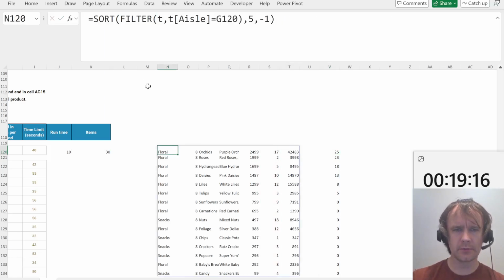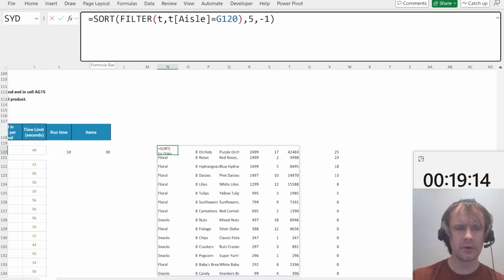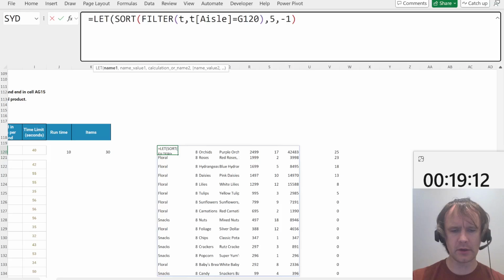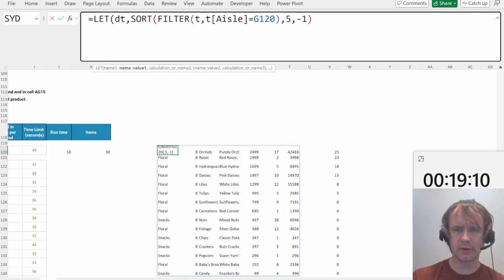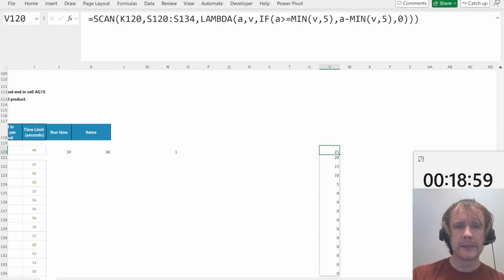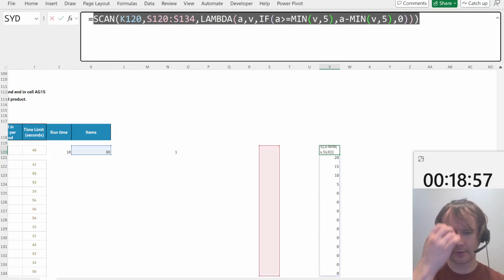So let dt be all that. Qt can be, return Qt. Then we're going to scan through all that.